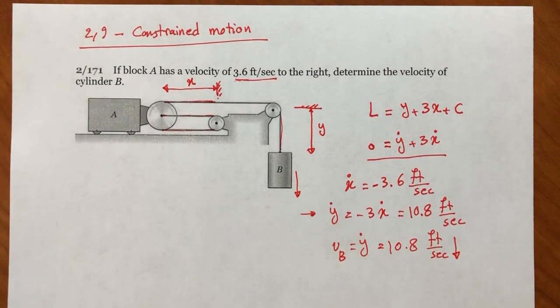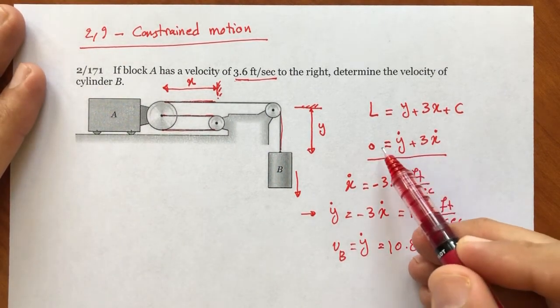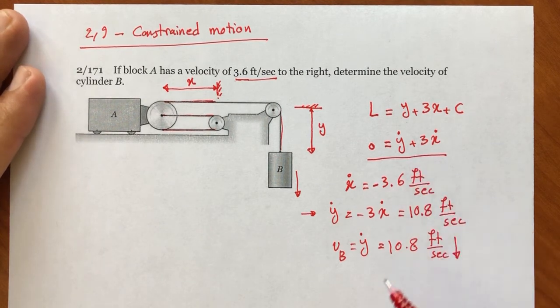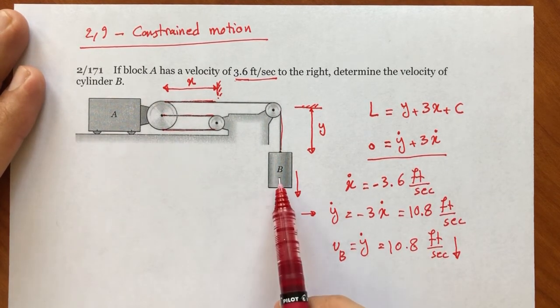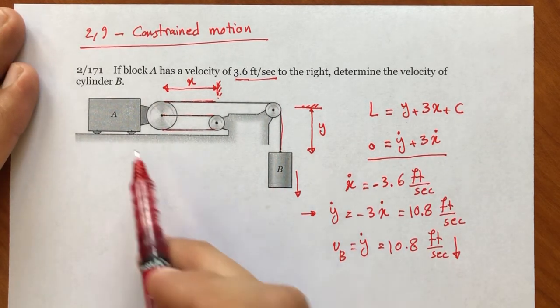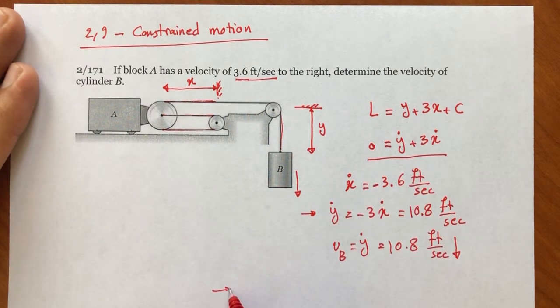If I was given some information about acceleration, I can take another derivative of the constraint equation to find the relationship between the accelerations of my particles. I don't have it here, but if I need it, then I can take another derivative of this, and I'm going to have 0 equal to y double dot plus 3 times x double dot.